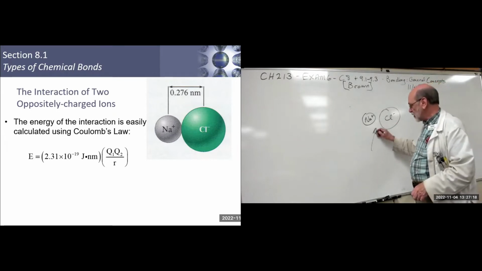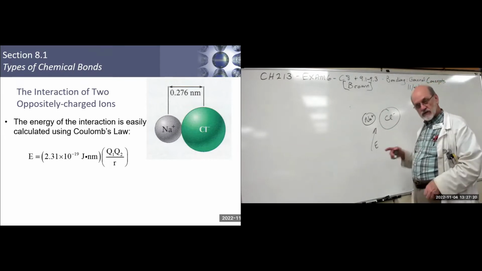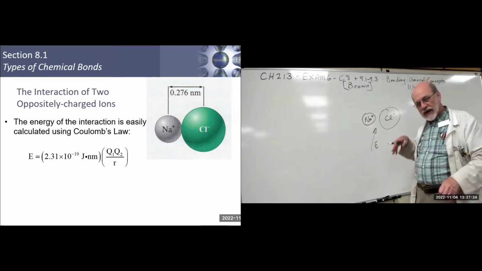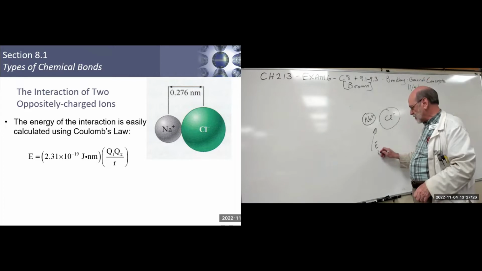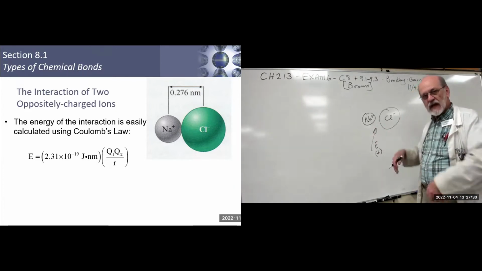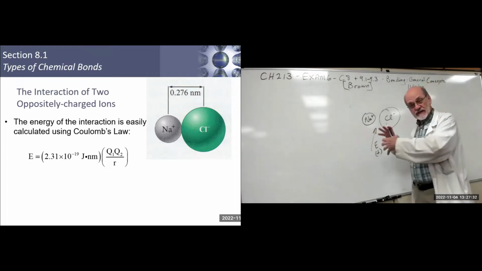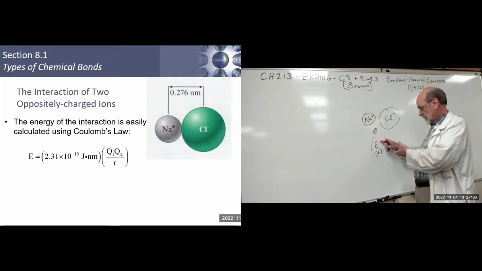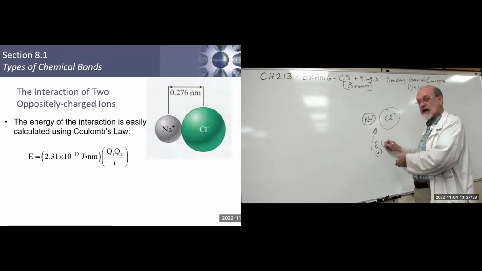You have to input energy. Energy has to go in to move them apart, right? So energy in means the value is positive, right, relative to the system. If they come together from a great distance, then energy is going to be given up. And then that same magnitude will have a negative sign.